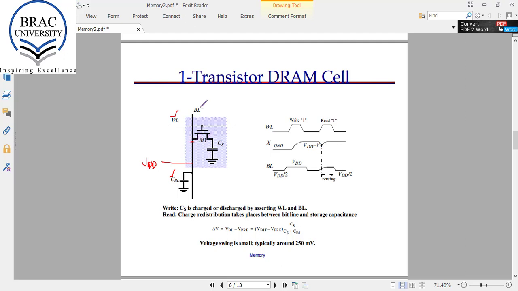So if the value I want to store is VDD, then this capacitor will be charged to the voltage VDD minus VT, that is the voltage drop across this transistor. And if I want to store the value 0, then I will keep the value of this bit line at 0, and this capacitor will be at 0 voltage, and then the WL line is turned off and the value is stored in this capacitor. So in this way we can write 1 or 0 in this cell.